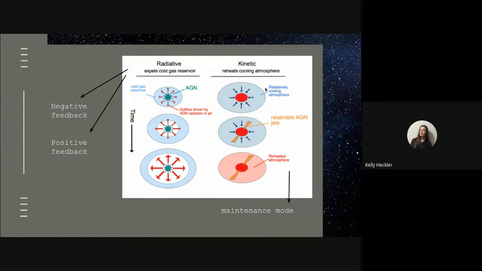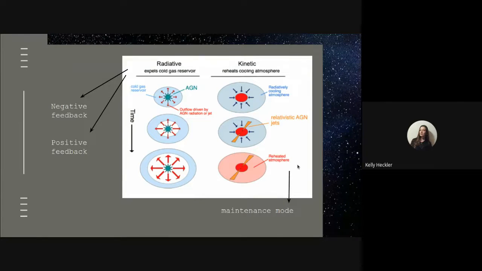The kinetic feedback is observed in massive galaxies and in the center of galaxy clusters. In this mode, the feedback occurs in the form of relativistic jets observed in radio, which interact with the gas present in the halo of galaxies, keeping it warm for a long time.